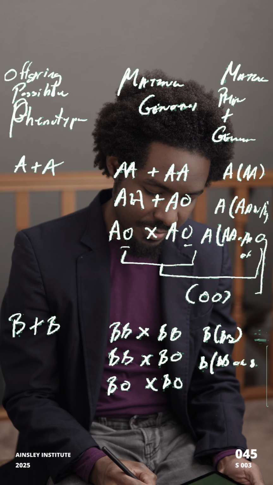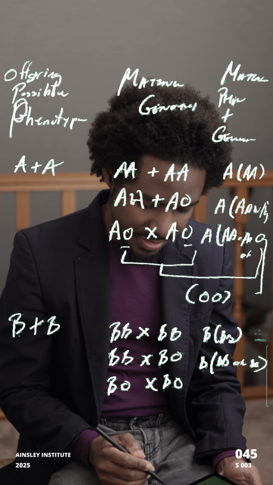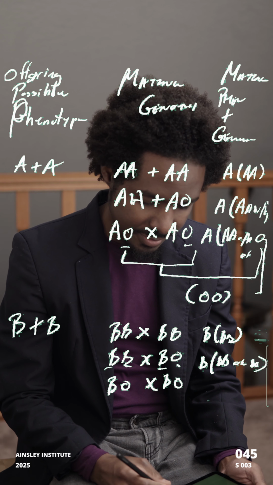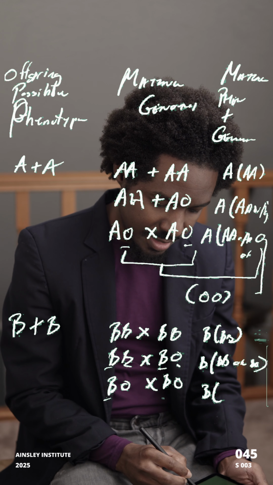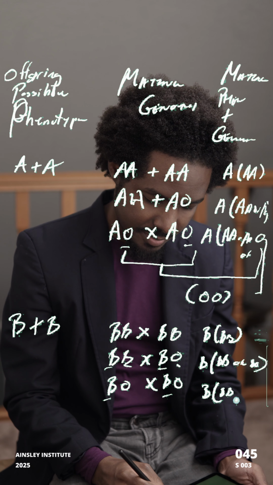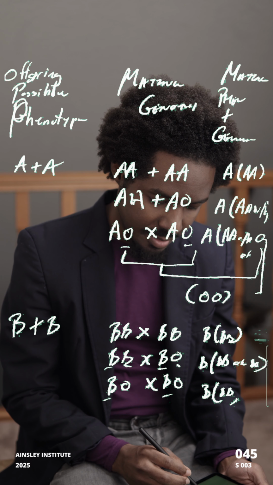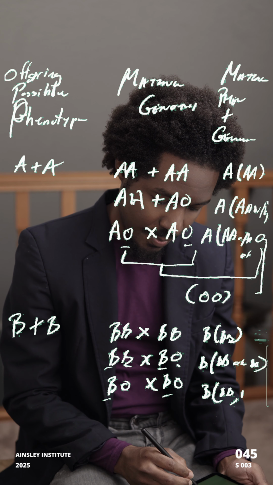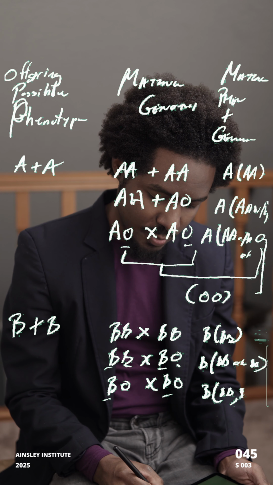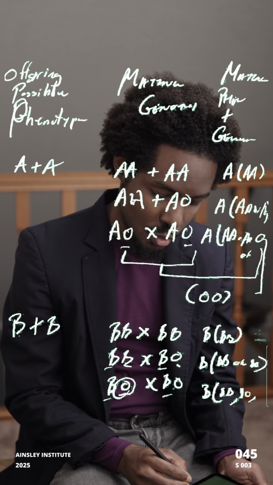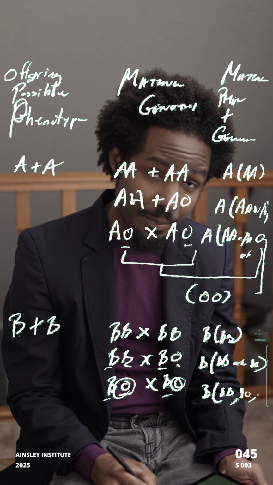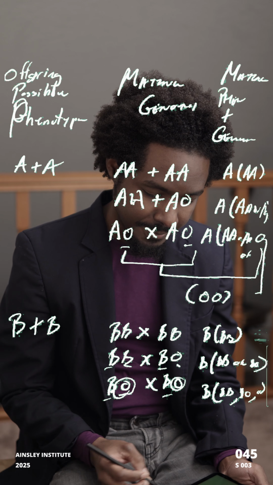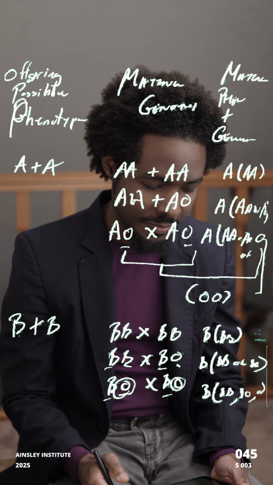Or the person can be BO. And that is basically the combination BB, BO. This person is B, so you have BB. This person can be BO, because we have BO, BO. And this person has O and O, so there is a possibility that this person could be an O.